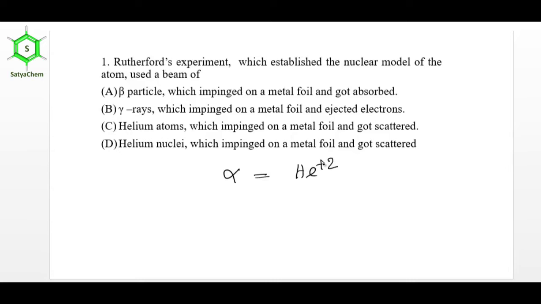So helium plus 2 ions actually means alpha particles. So we can define helium plus 2 as the nucleus of helium. So the answer should be helium nuclei which impinged on a metal foil and got scattered. So the correct option is D.